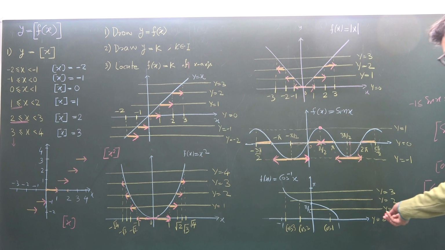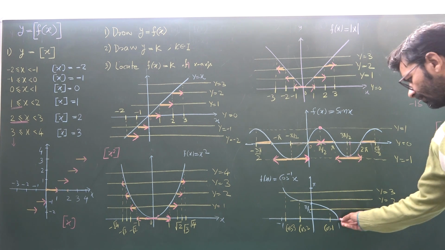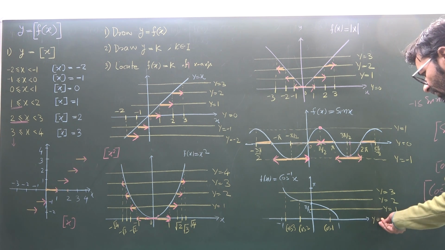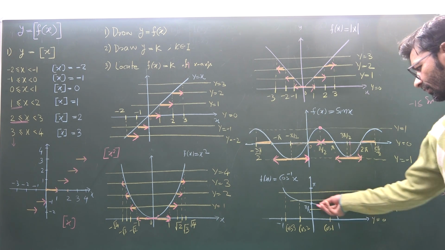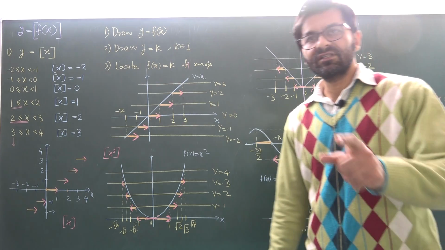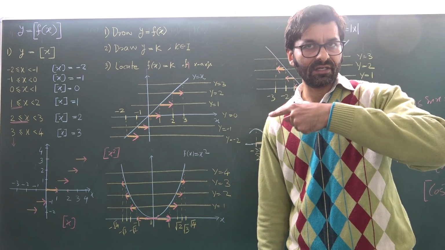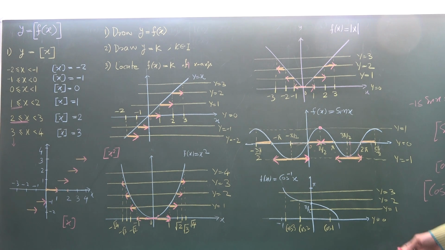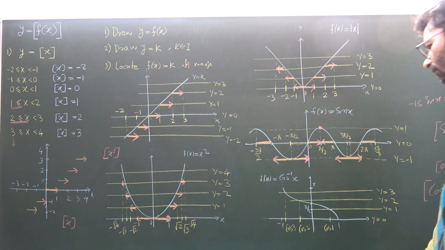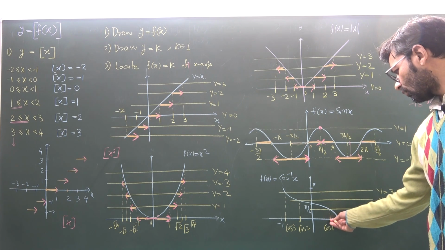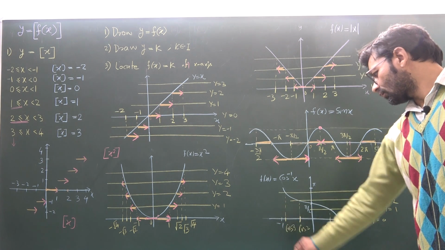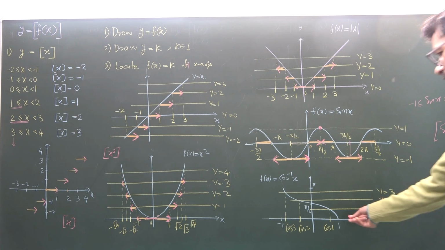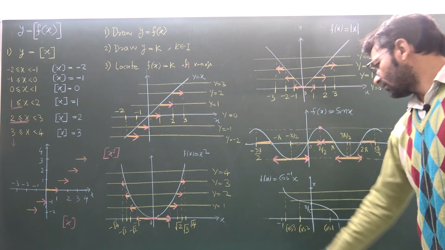Corresponding to these values, y equals 0 gives you 1, y equals 1 gives you cos 1, y equals 2 gives you cos 2. Cos 2 is negative because 2 is in the second quadrant. Cos 3 is again negative. So the points are 1, cos 1, cos 2, cos 3, minus 1.